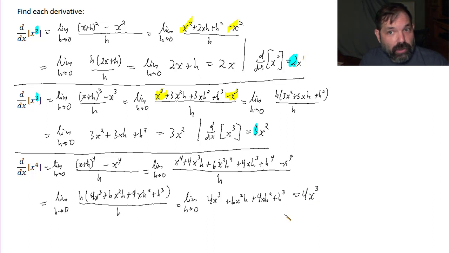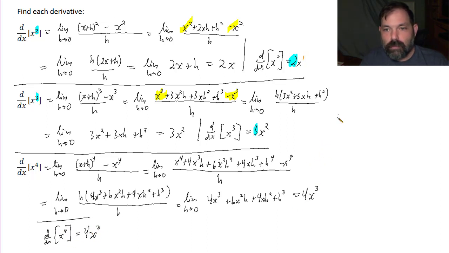Is that what you guessed is the derivative? If so, awesome. You see the pattern. All right, so this tells us then that d by dx of x to the fourth is 4x cubed. So then you might say, well, can we go higher than that? What's d by dx of x to the fifth?